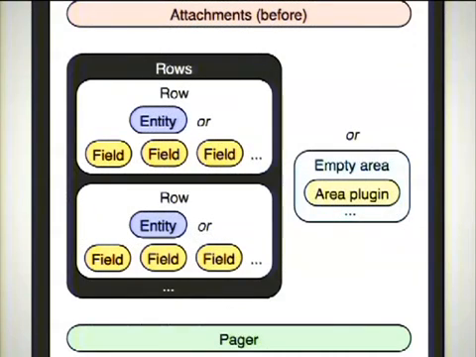Then into the body of the view, there are obviously the rows, and each row might be an entity, such as a node teaser, or a full node, or a comment, or it could be one or more fields. And in the case that there's 0 rows, then views renders the empty area, or the no results behavior area, as it's called in the user interface. And the empty area can have area plugins, just like the header area, for example, some custom text or another embedded view.